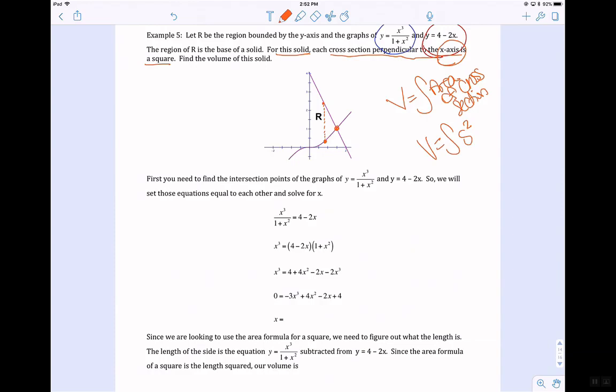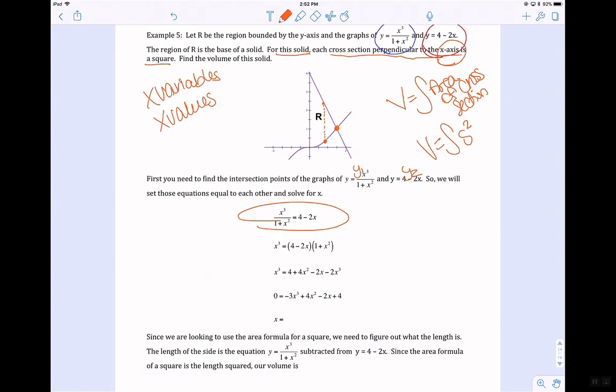So we're going to do the exact same thing we've done before. Again, do not trust your intersection points. Now let's be clear. Perpendicular to the x-axis will mean x values for your intersection points. So I'm going to set my equations equal to each other, or you can plug one of them into y1 and one of them into y2.